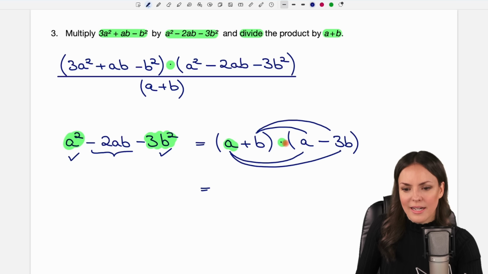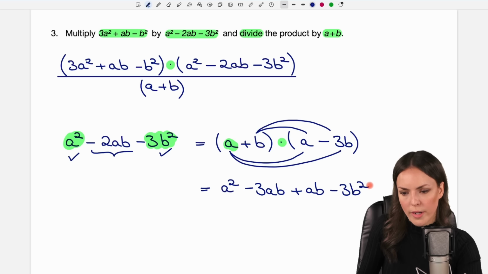So we have a times a, which equals a squared. Then a times negative 3b, which equals negative 3ab. Then b times a equals ab, if I switch them. And then b times this thing here equals negative 3b squared. Let's simplify this. We have a squared. Then negative 3 of these plus 1 of these equals negative 2 of these green things.